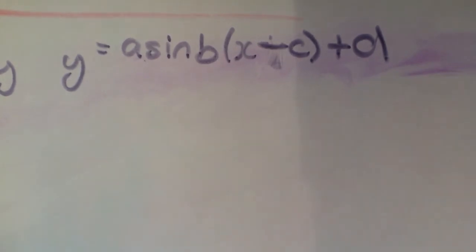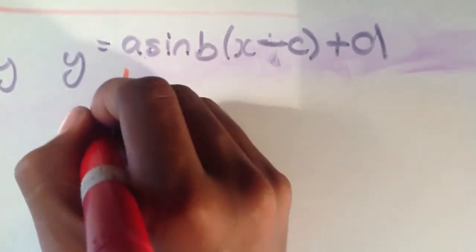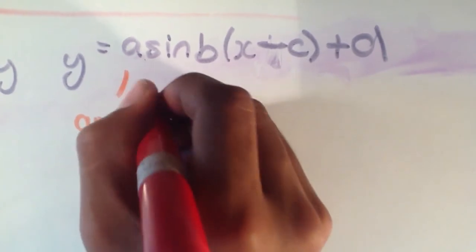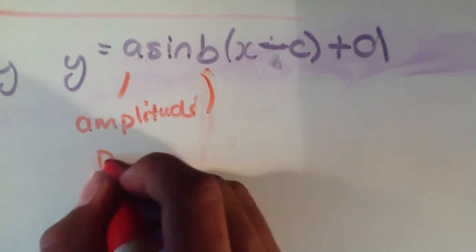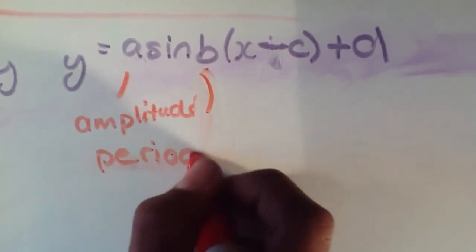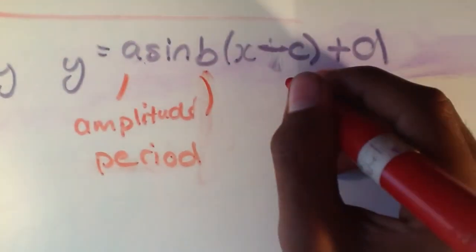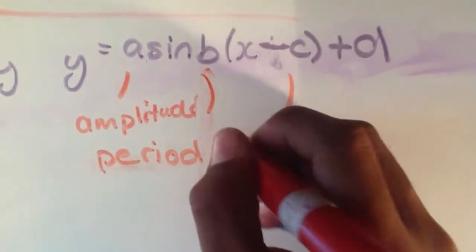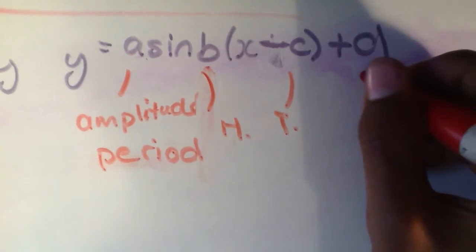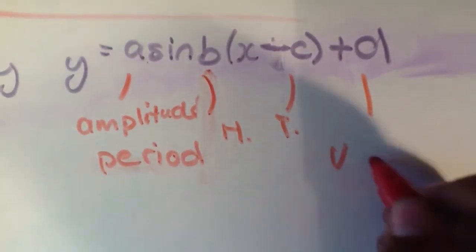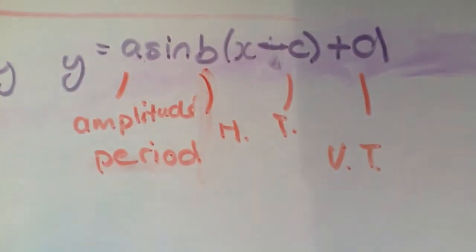A affects the amplitude, B the period, C affects the horizontal translation, and D affects the vertical translation.